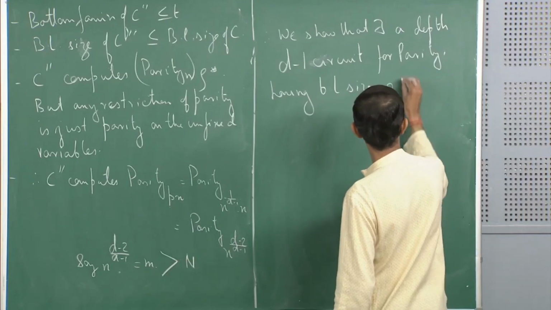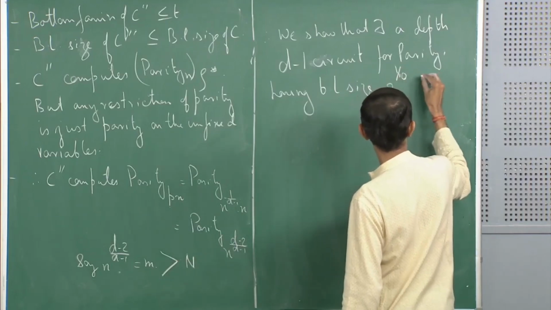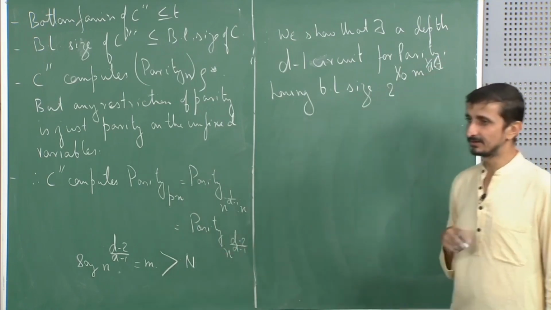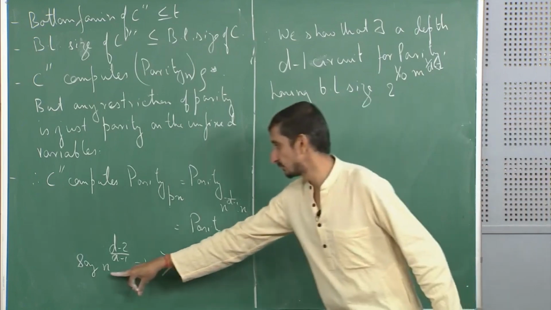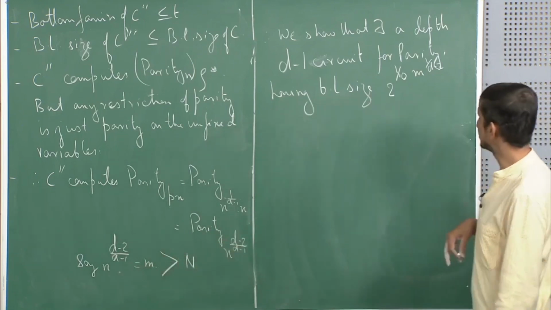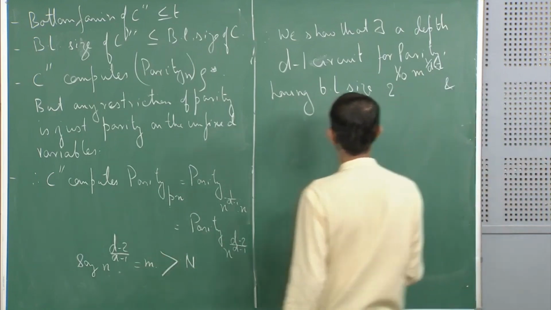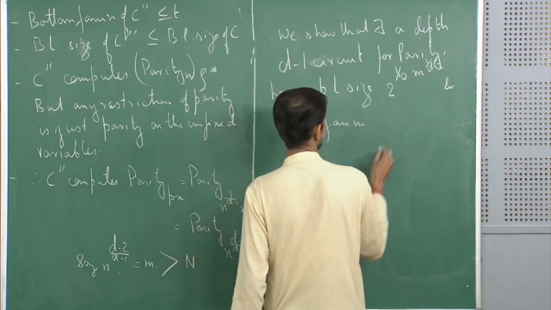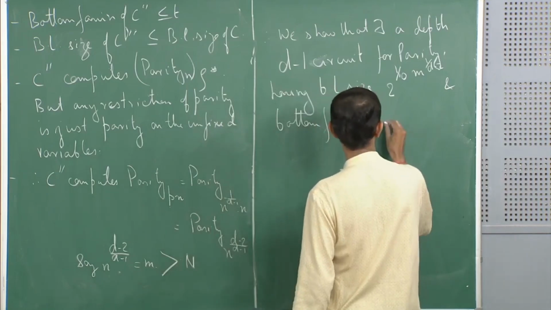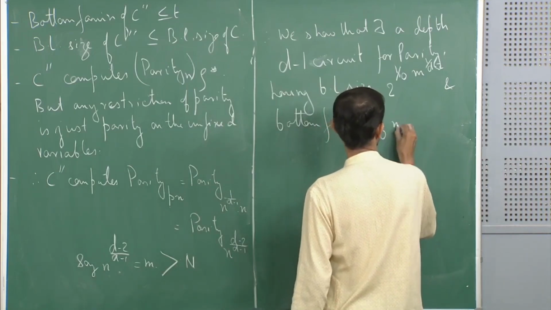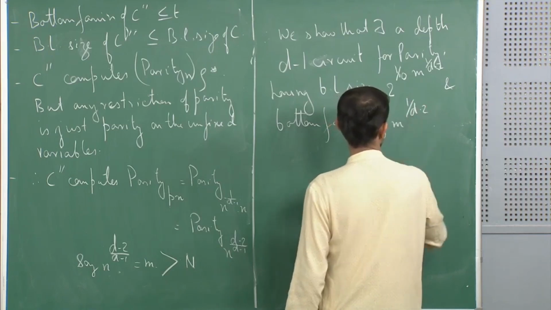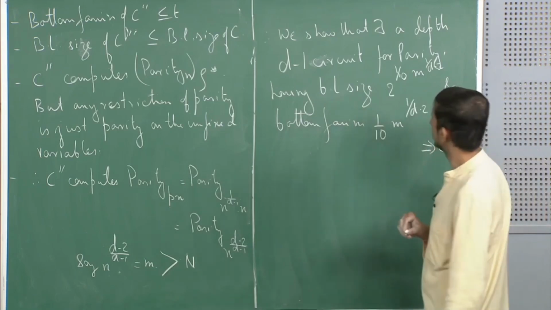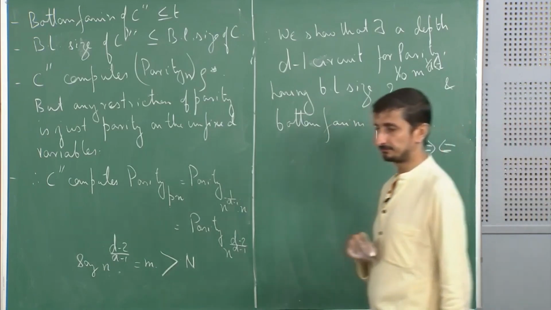The size will be 2 to the power 1/10 of m to the power 1 over d minus 2 if I just substitute. So, initially the size was n to the power d minus 2 by d minus 1. If I substitute I get this, and the bottom fan-in is 1/10 m to the power 1 over d minus 2. So, this is a contradiction, right.